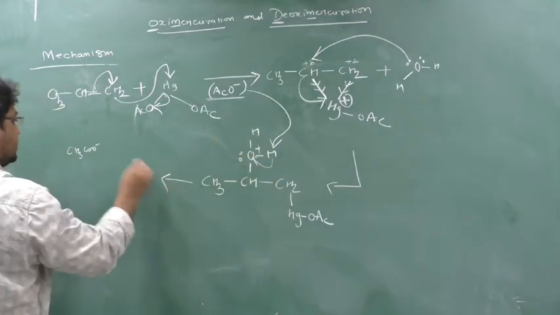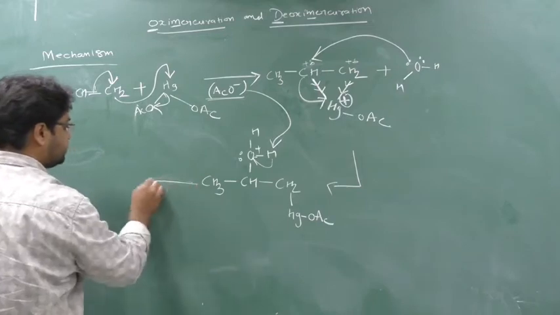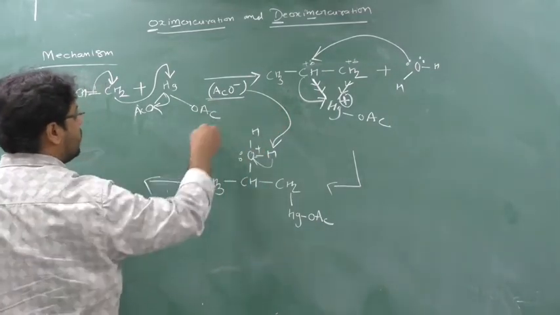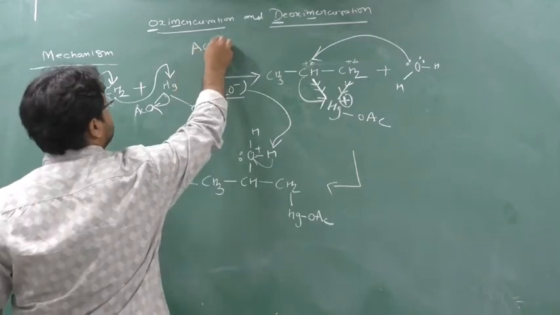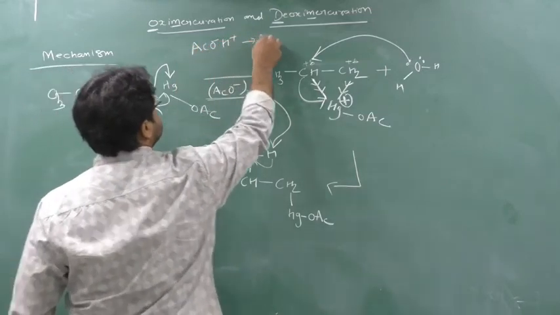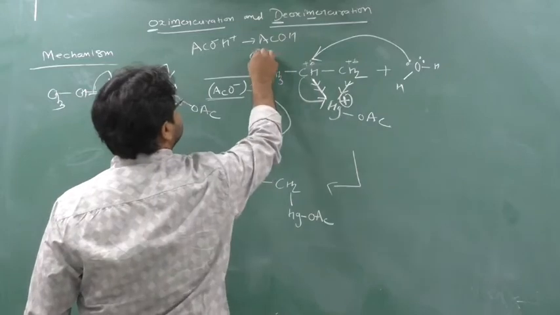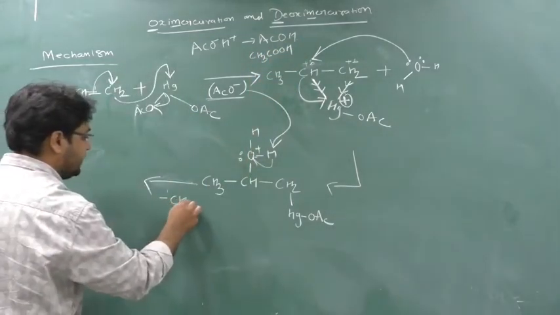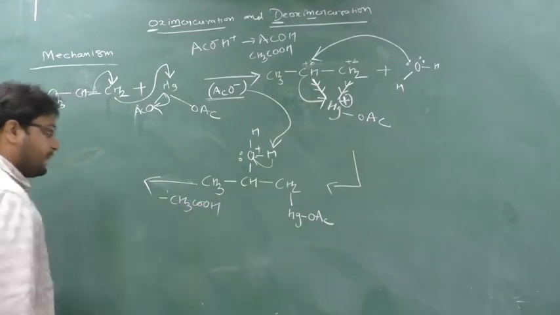So what will we get? See, this H will be removed as H plus. So this H plus and AcO minus will form AcOH, that is CH3COOH, meaning acetic acid will be removed outside. Clear?